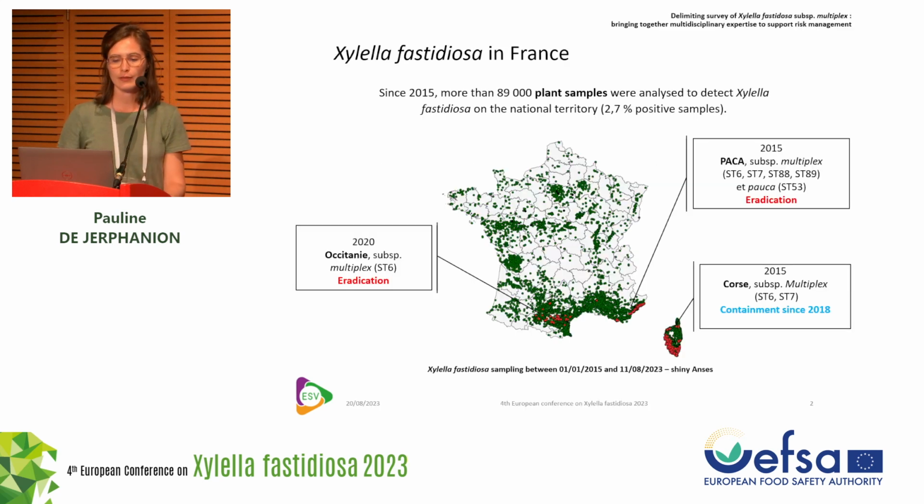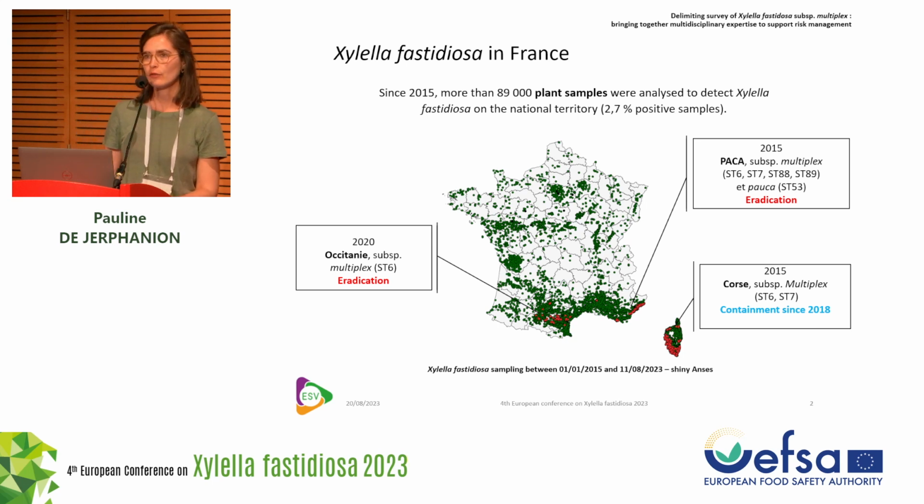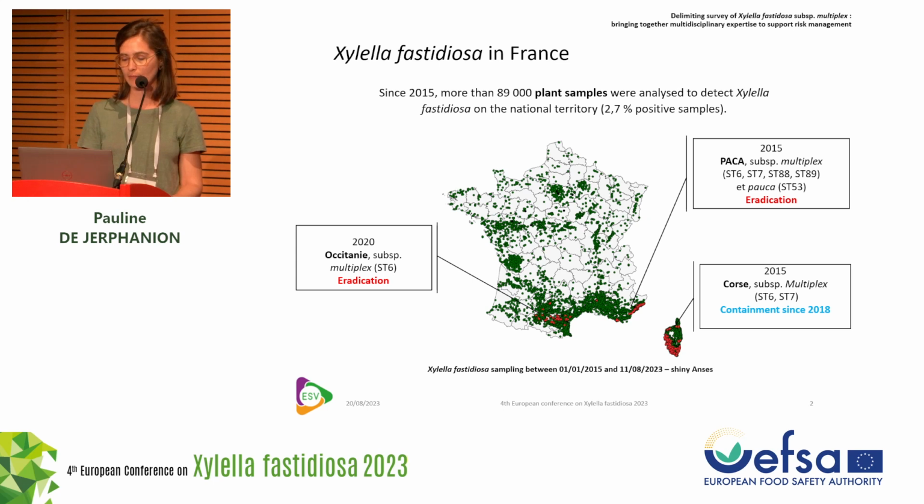As you know, Xylella fastidiosa is present in 3 regions in France. Since 2015, it has been present in Corsica and Provence-Alpes-Côte d'Azur. And since 2020, we have detected Xylella fastidiosa subspecies multiplex in the region Occitanie.